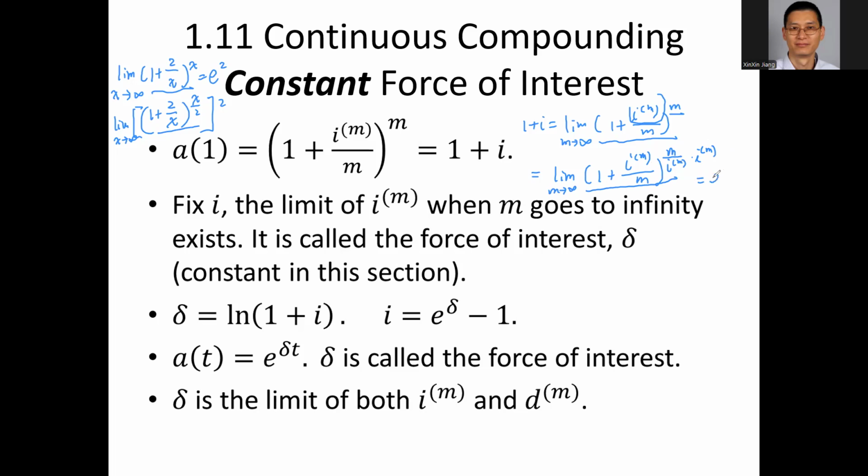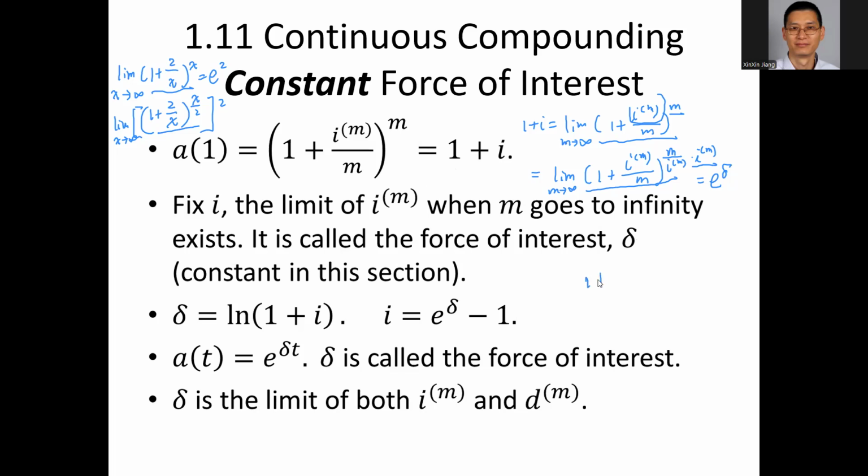And we do assume this thing goes to a number, and we're going to call that number delta. So delta is the limit of the nominal rate when m goes to infinity. That equals e to the delta.